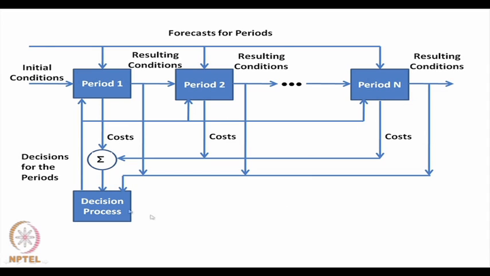It is given in much more elaborate form in this fashion. For every period, period 1, 2 to period n, forecasts are made and the initial condition is known, and all the costs that result are added up here. Now, the decision is made and then fed back. This decision is fed back for period 1 and then fed back to period 2 and then to period n.